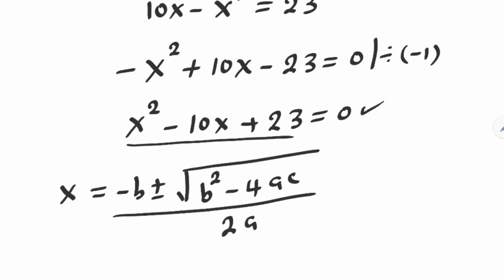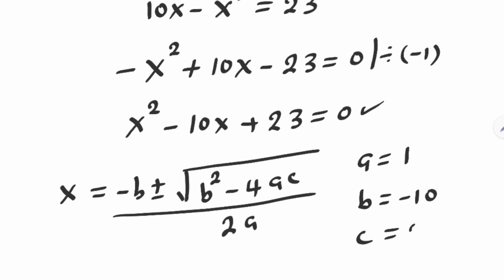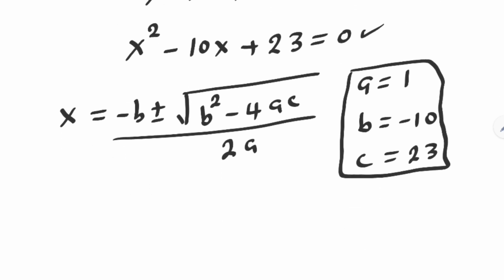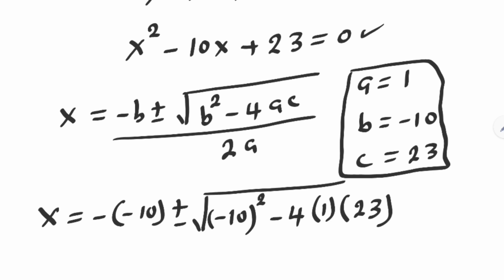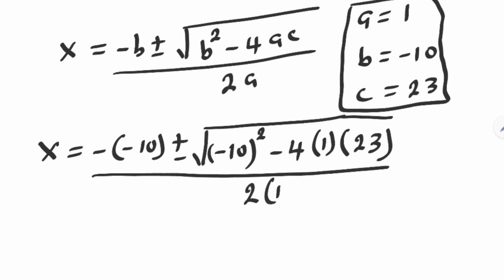Then from this equation, a is equal to 1, b is equal to minus 10, c is equal to 23. x is equal to minus bracket minus 10 plus or minus square root of minus 10 squared minus 4 multiplied by 1 multiplied by 23, which is c, divided by 2 multiplied by 1.